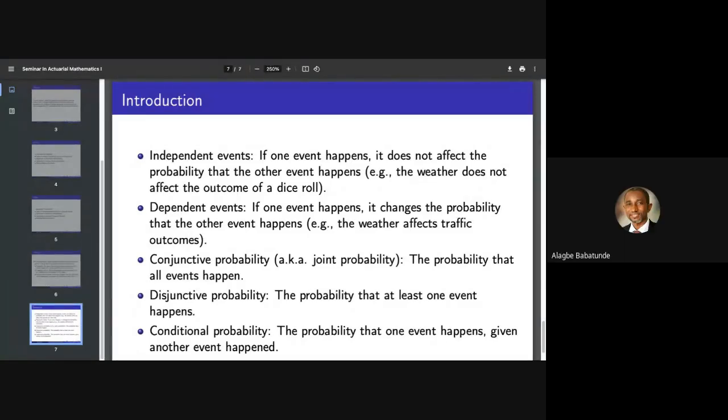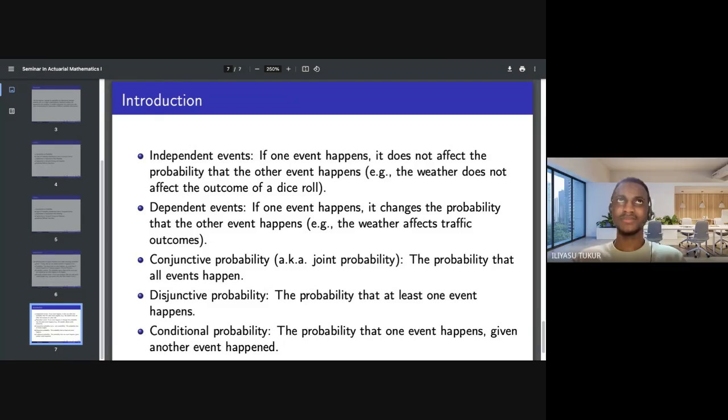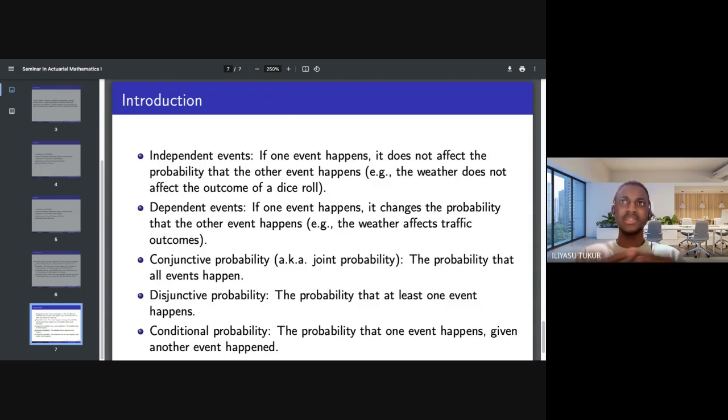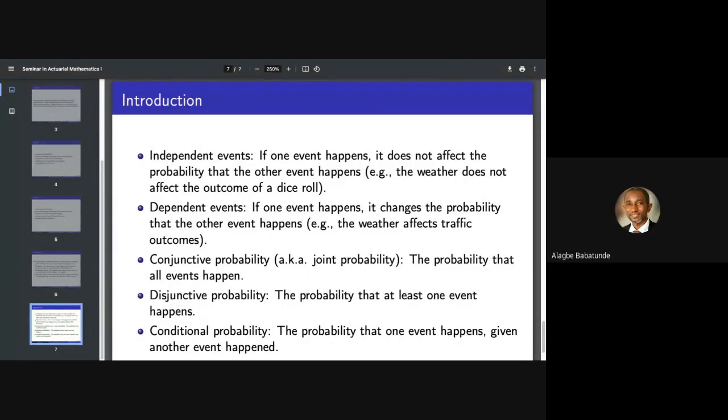I was just thinking of having a set of different balls. Maybe you have a basket with a red ball and a white ball. The probability of picking a white and a red ball consecutively, if you are allowed to pick two times. Or you're allowed to pick the same type of ball or a different type of ball at the same time. The probability of picking different kinds of ball consecutively.